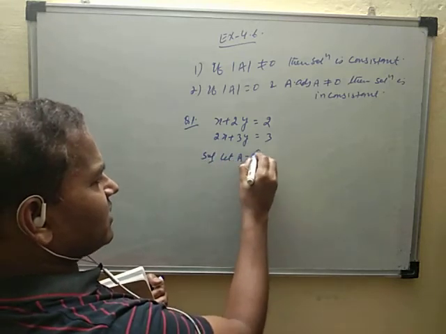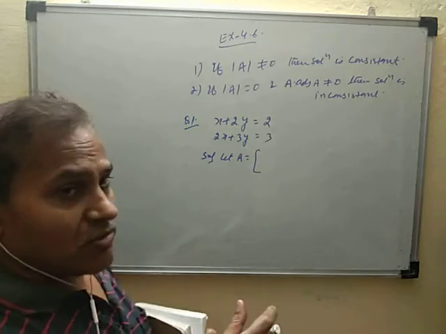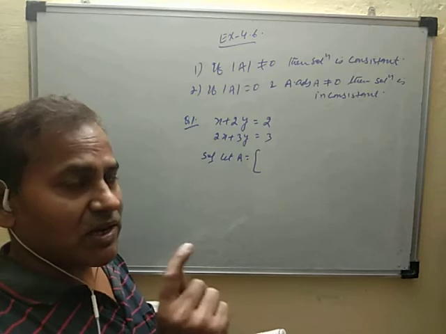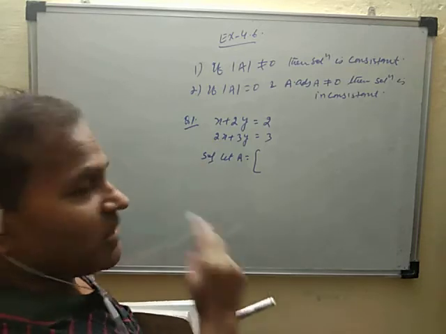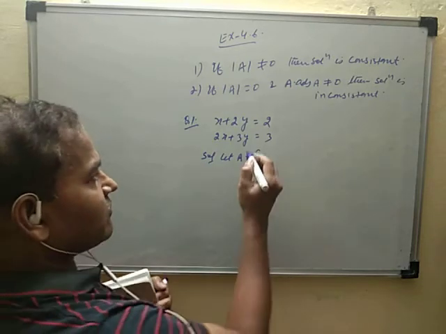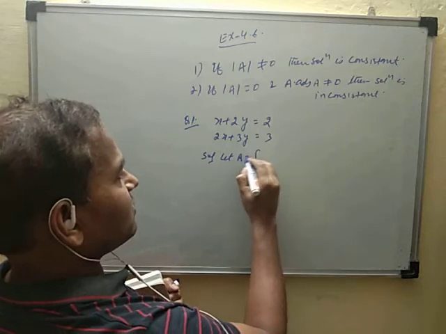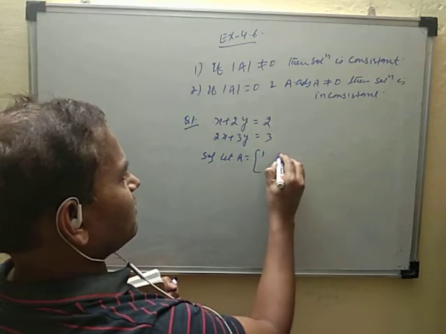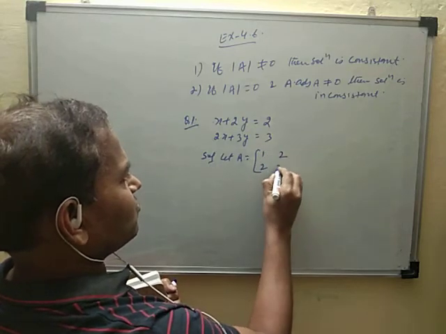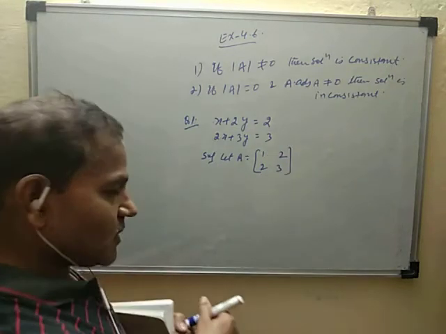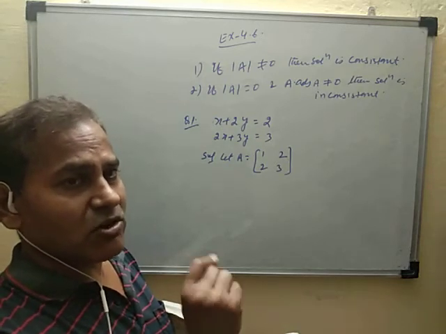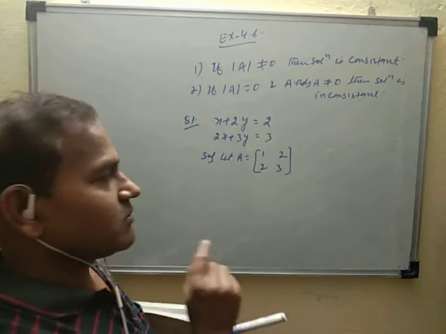A is the matrix of all coefficients of x, y, and z in 3 variables, here 2 variables. So A is equal to, what are the coefficients? Here coefficients 1, 2, 2 and 3. That is, A is a matrix made by all coefficients of the variable terms.